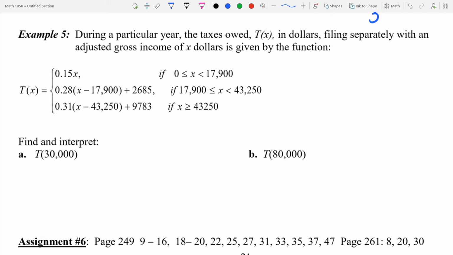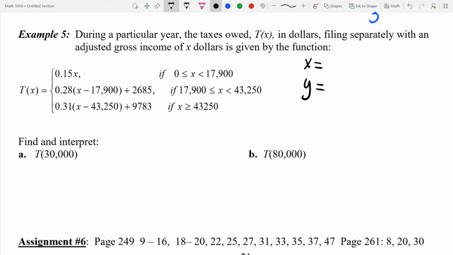Okay, question 5. During a particular year, the taxes owed T of X in dollars, filing separately with an adjusted gross income of X dollars, is given by this equation. Whenever you have a word problem, my very strong advice is to write x equals and y equals, and take 15 seconds.